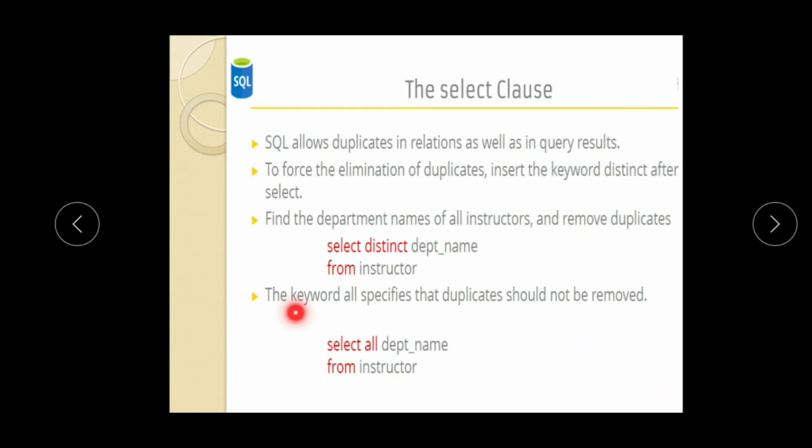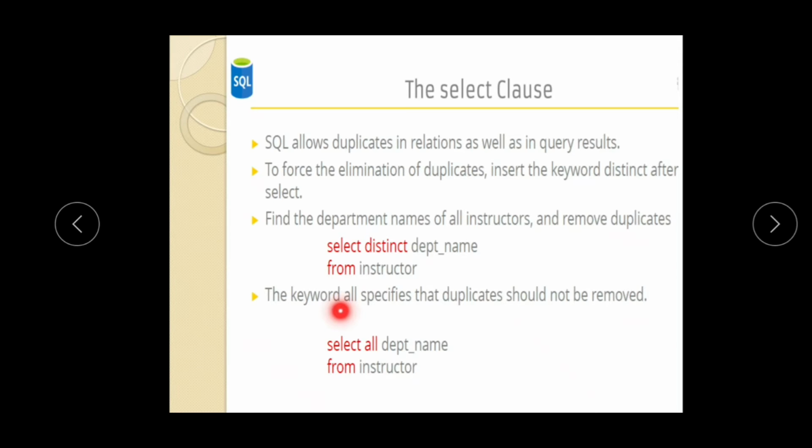Clear? The keyword all specifies that duplicates should not be removed. If we write select all, that is, if we include the keyword all, then all the values will be displayed, including the duplicate values.